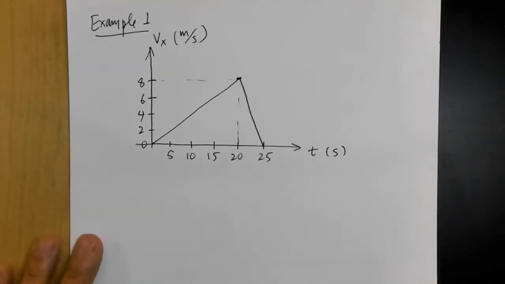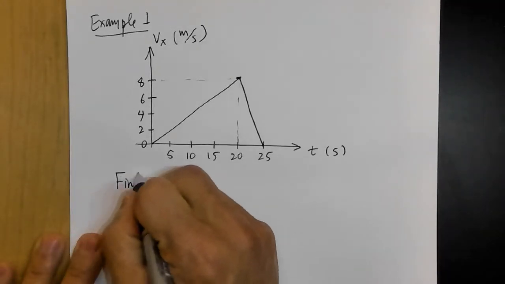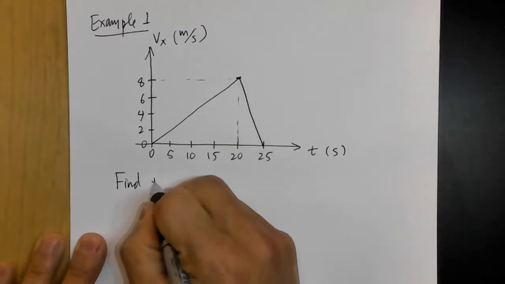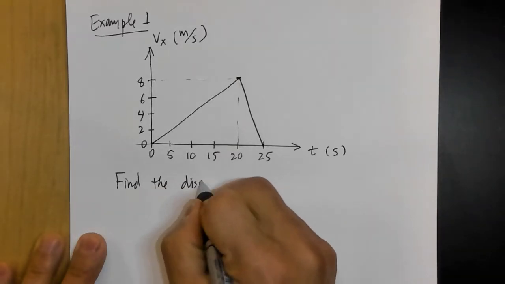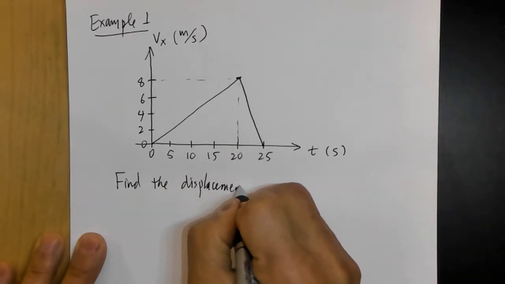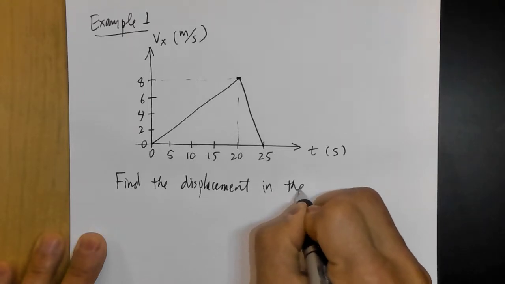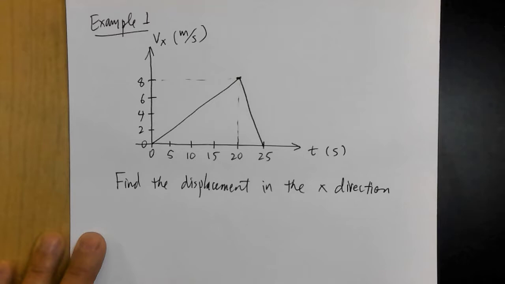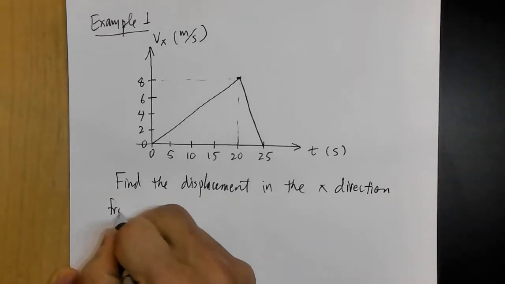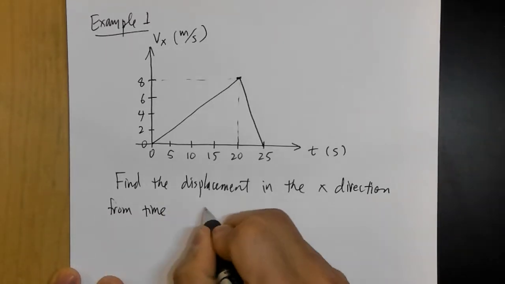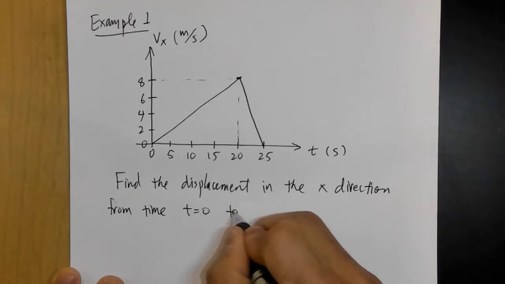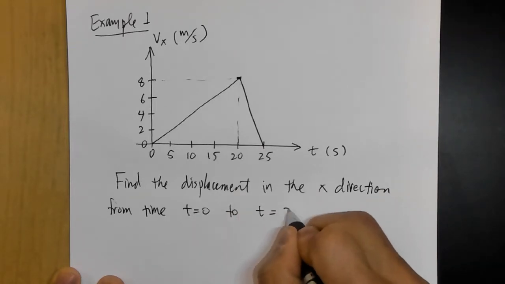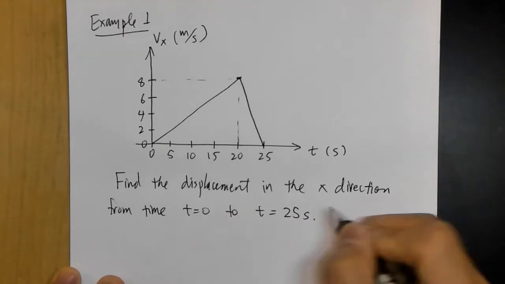And the question is, find the displacement in the x direction. There's only one direction in this problem, so that's the same. From time t equals 0 to time t equals 25 seconds.